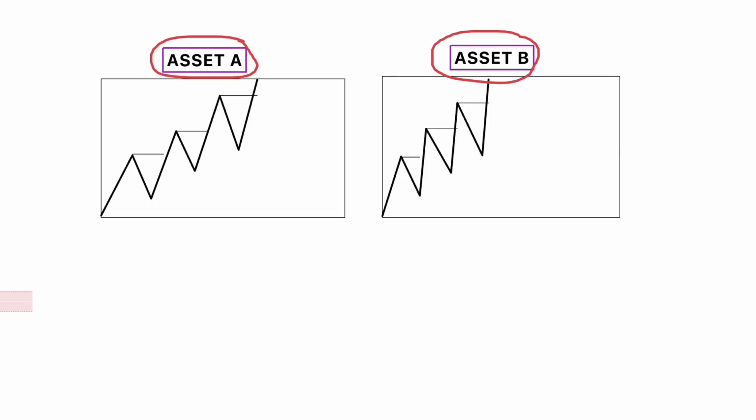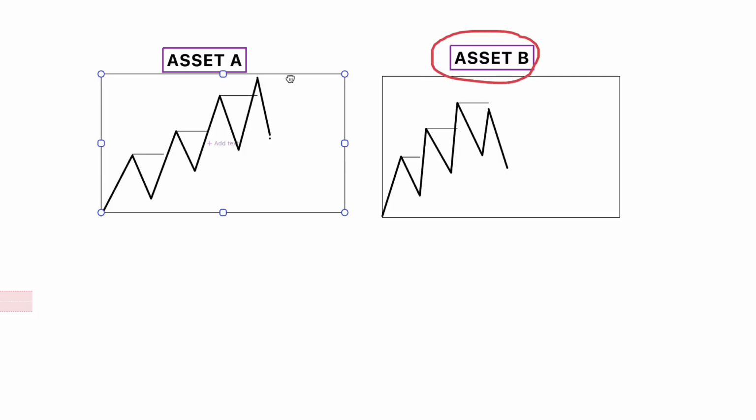So at any point when we have asset A creating a break of structure on this recent price swing, then asset B could not break structure above here. Let me show you. This one decided to do like this, while this one could not go above. Now look at this. Asset A broke structure before retracing, while this guy had a failure swing.